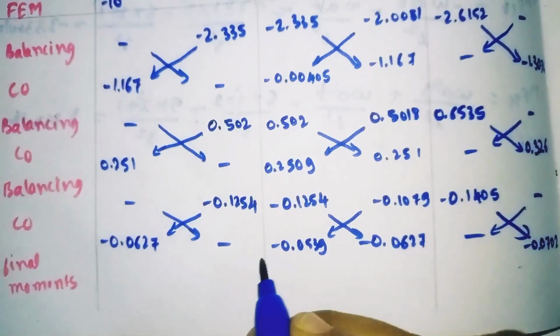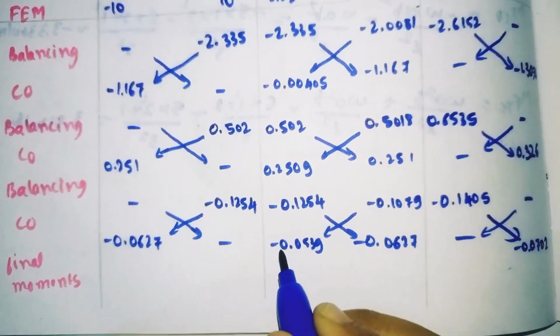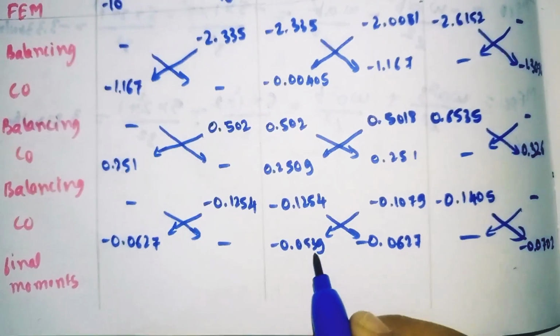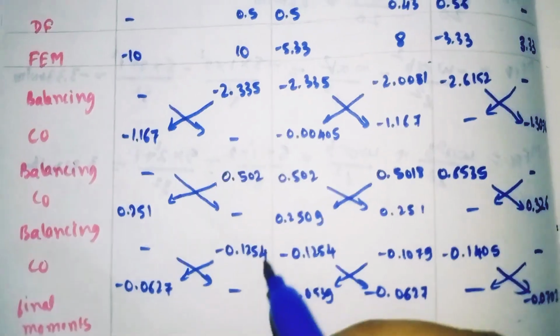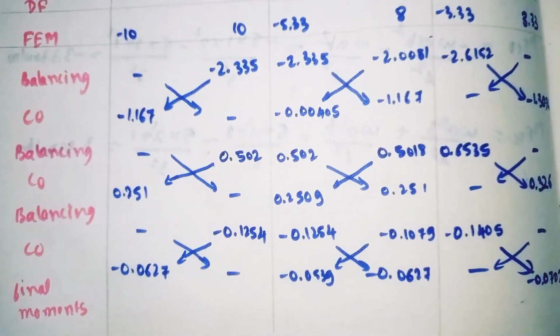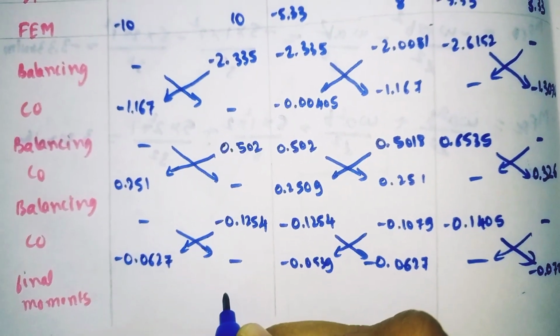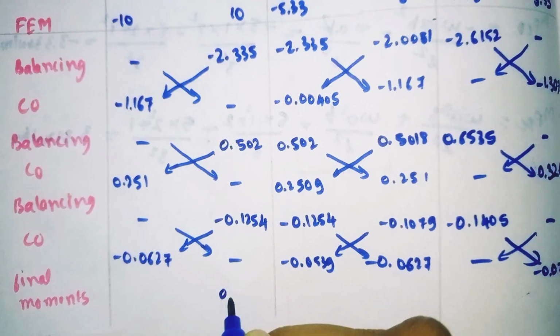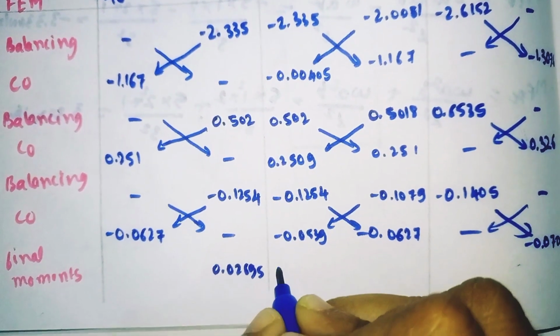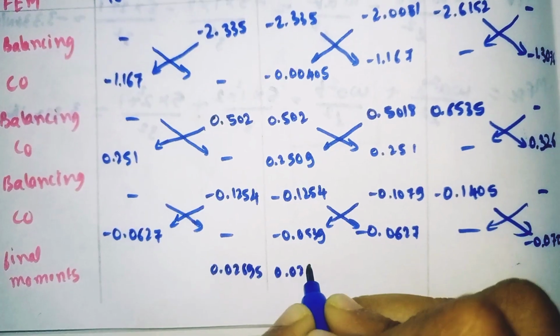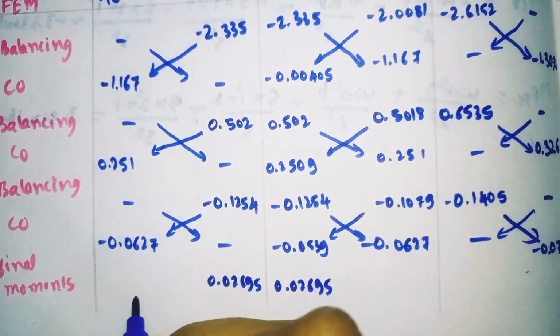Again for balancing, minus 0.0539, make it positive, that is 0.0539. Then multiply this with distribution factor 0.5, so it will come out as a positive value, that is 0.02695. Here also 0.02695.